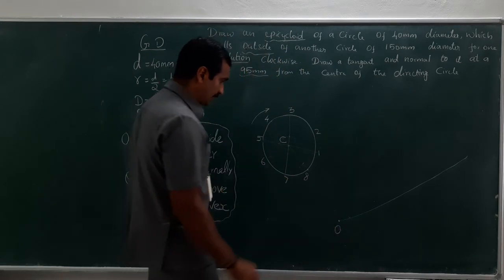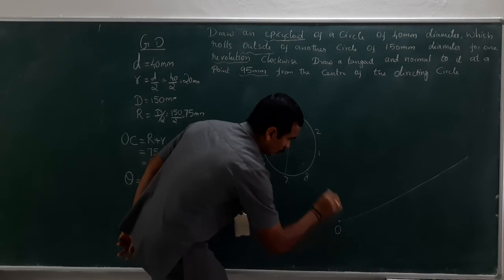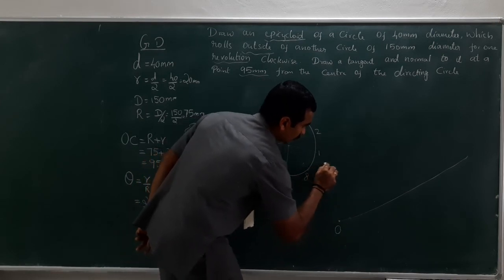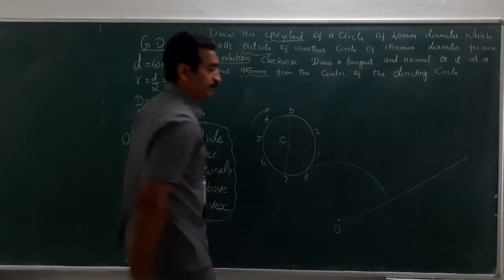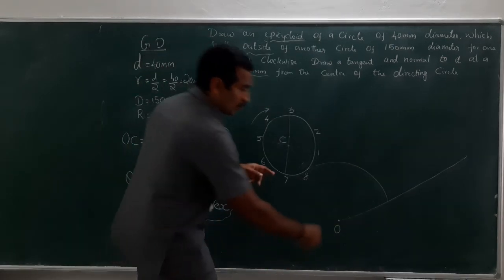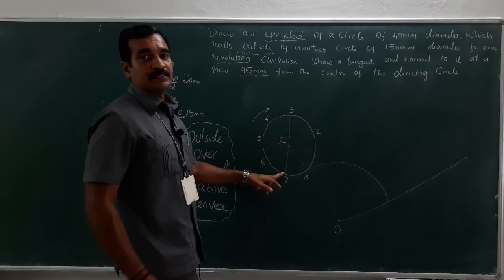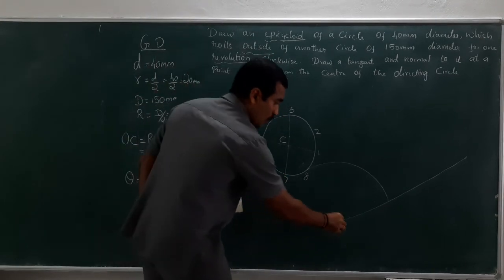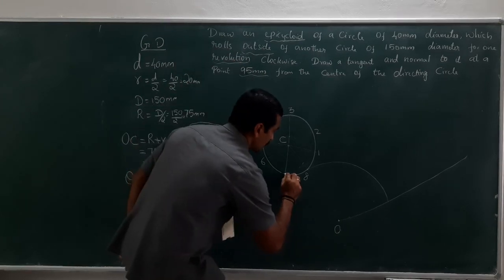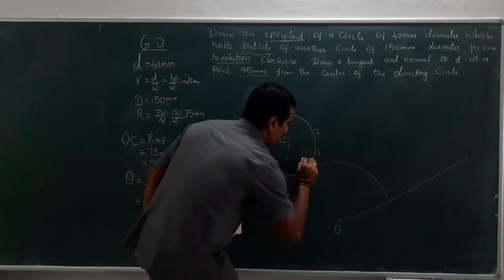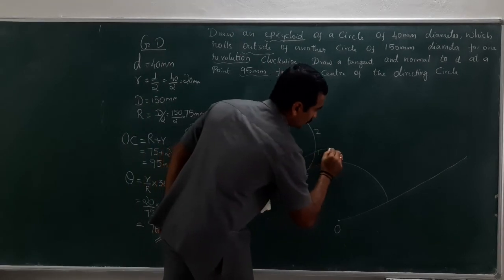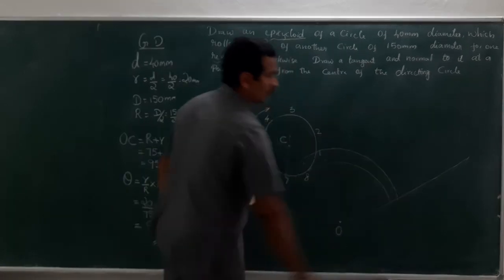Keep it at O8 as radius, draw an arc. It's a thin line. Now O7 as radius, O as center, start making an arc which would pass through point 1.